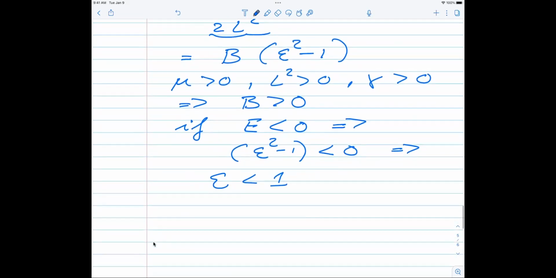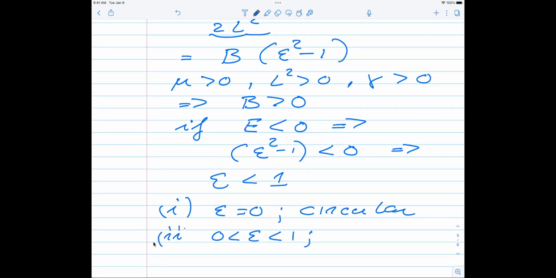So what we have is that if epsilon is equal to 0, that gave us a circular motion. And if we then have epsilon slightly larger than 0 but less than 1, then we get elliptical motion.